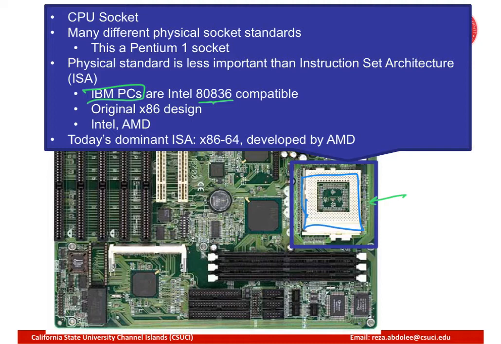So this is the older version of the IBM PC. The newer version has different peripherals and I/O connected to them, and the CPU has more pins integrated within it.